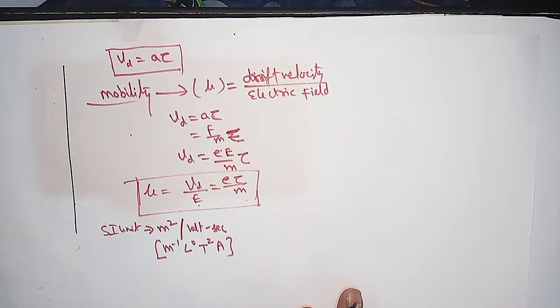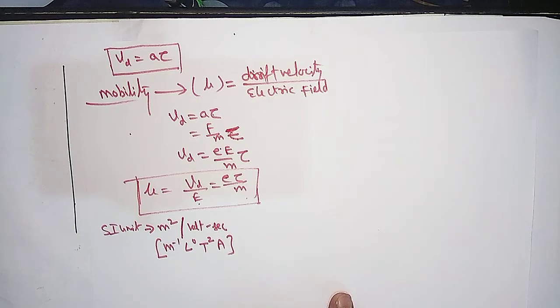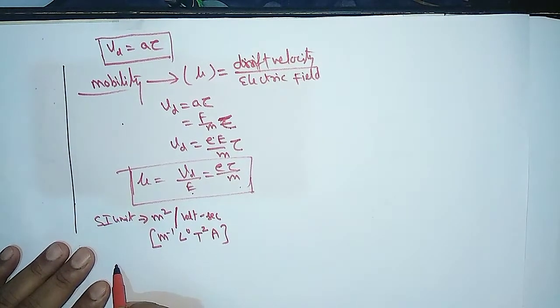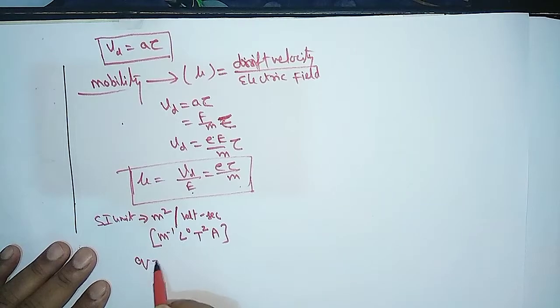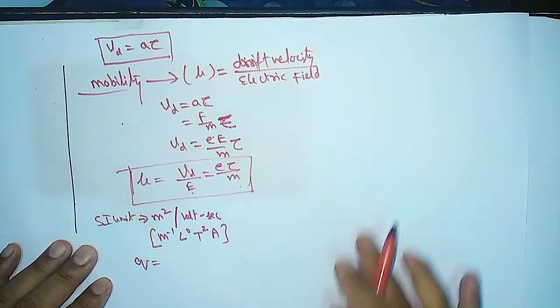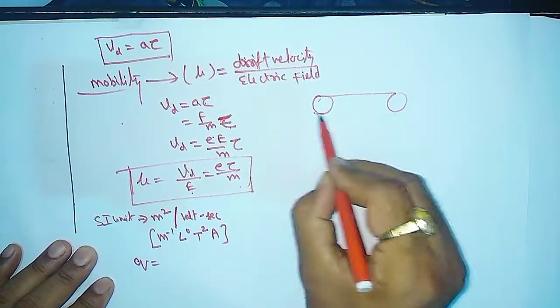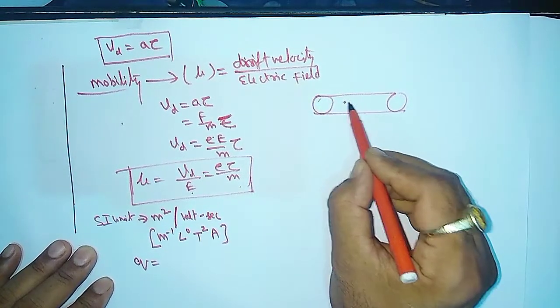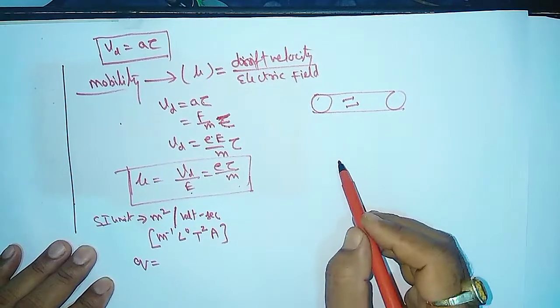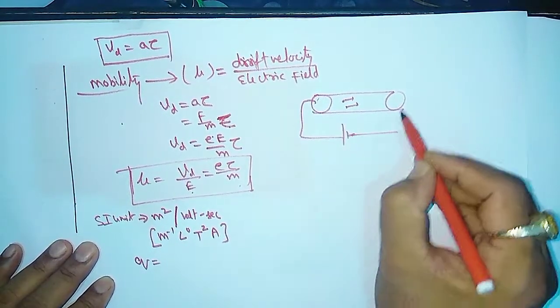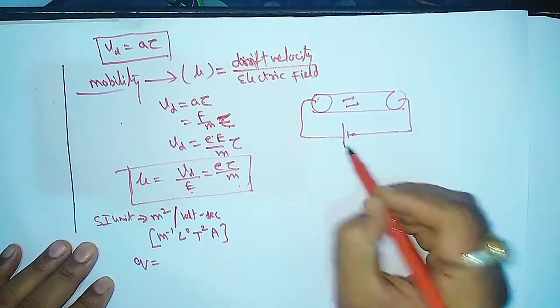Now we can find a relation between the current and the drift velocity also. Again, a very interesting one. Q is equal to the total charge flowing in a conductor. Just imagine, suppose this is the conductor. There are n free electrons moving under the applied electric source also.